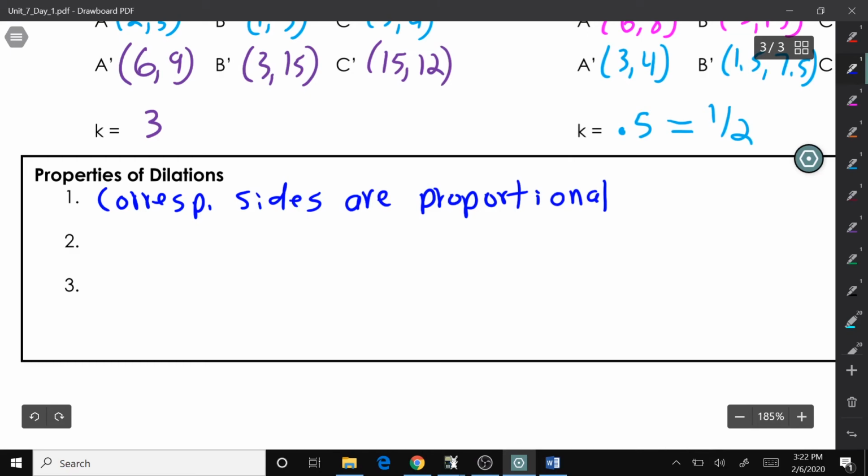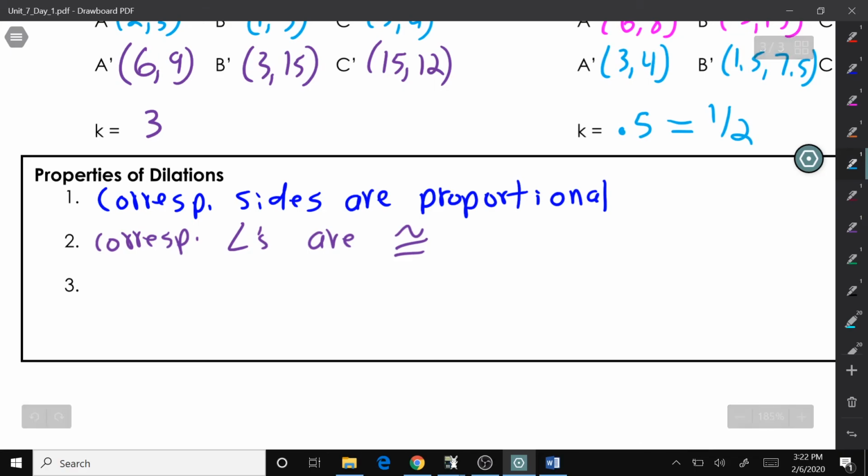And proportional means that you can write them as a fraction. Proportion is a fraction. The next property is corresponding angles are congruent.